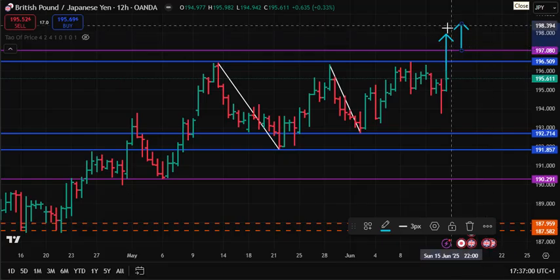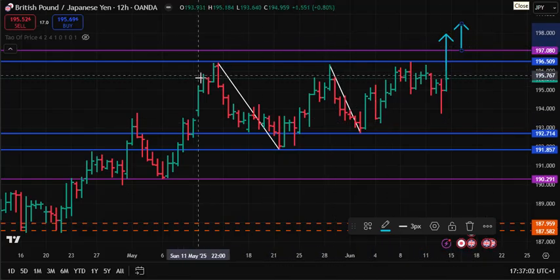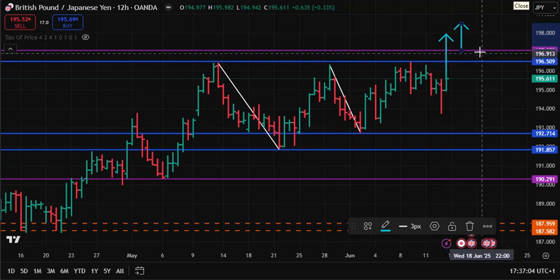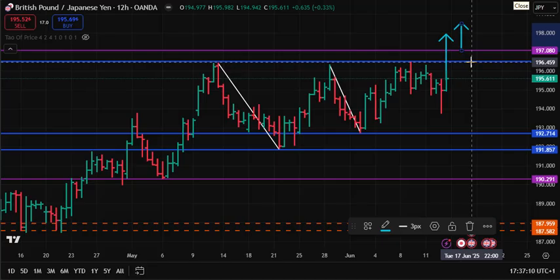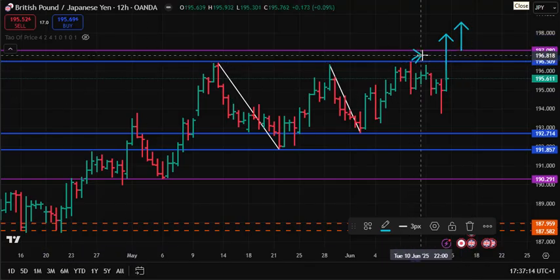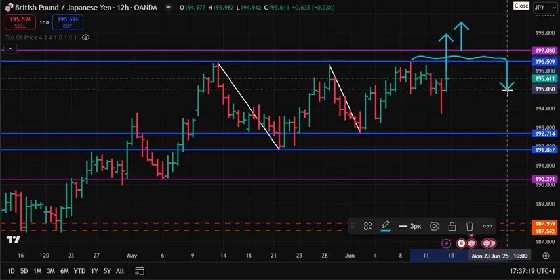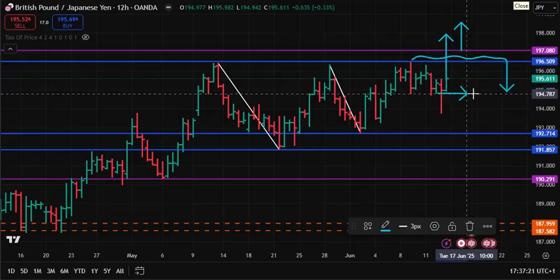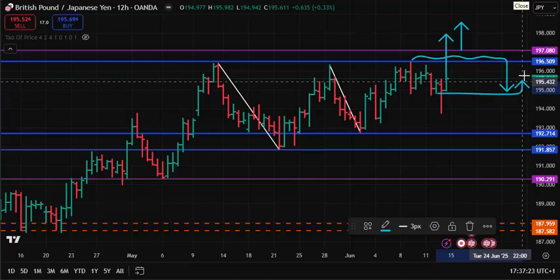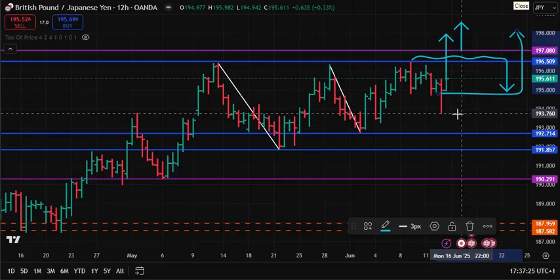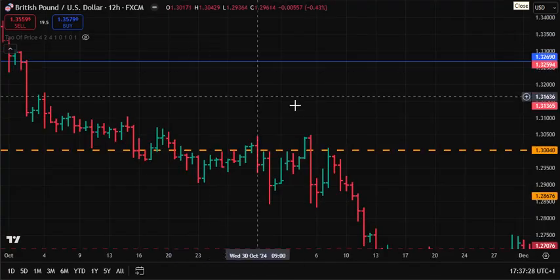What I'm trying to point out is that I want to see two higher highs in a row above this level, which would then say that this level should be good support. There's never anything that's easy in this. So this area here would be good support. Then a dip down would be a really good level to scoop sterling yen for the breakout upward towards 198.